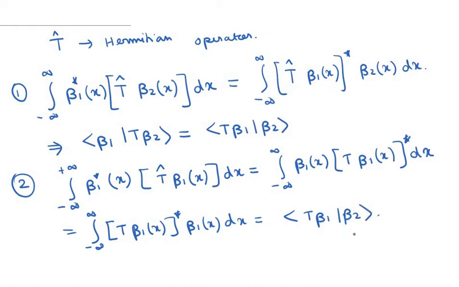Sorry, here also we have beta 1 over here. So this T is acting only on this beta 1 and not on the other part. That is the reason I have put brackets over here, and this complex conjugate, this star, is for the entire function T beta 1 x.